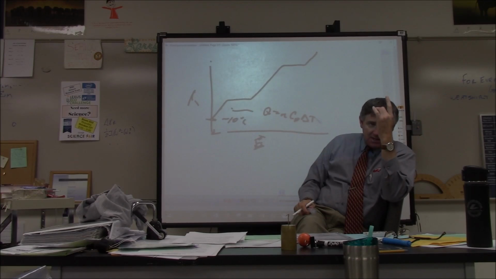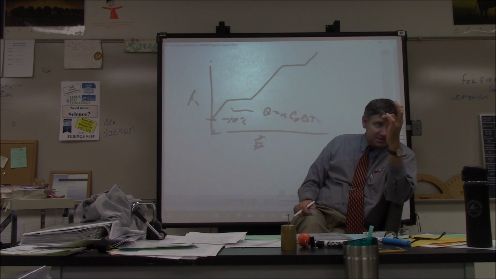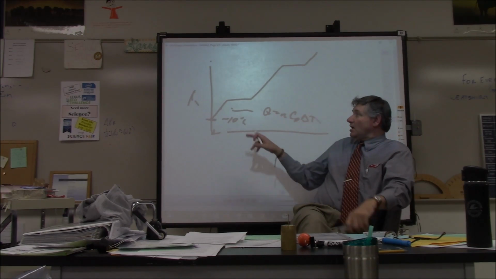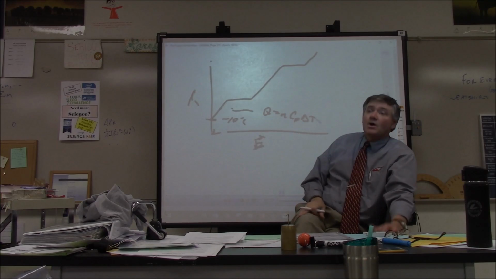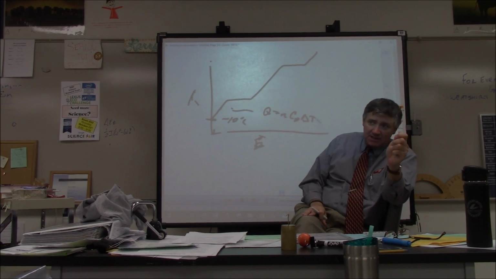It's either going to be in the formation or the breaking of bonds, or it's going to increase the temperature of the system. It's got to be one or the other. So on this system, you're going to raise the temperature from minus 10 up to 0. Use the specific heat of ice. Do not use the specific heat of water. You have to use the specific heat of ice.